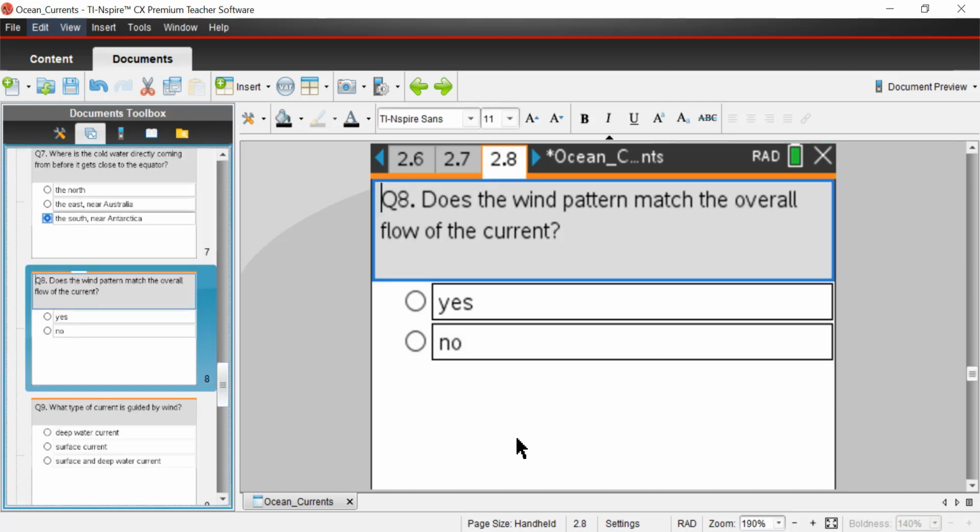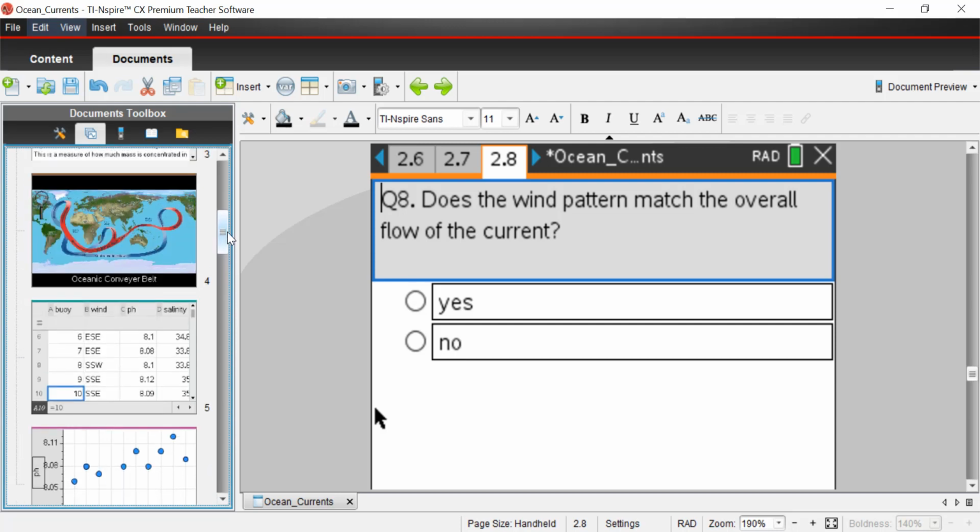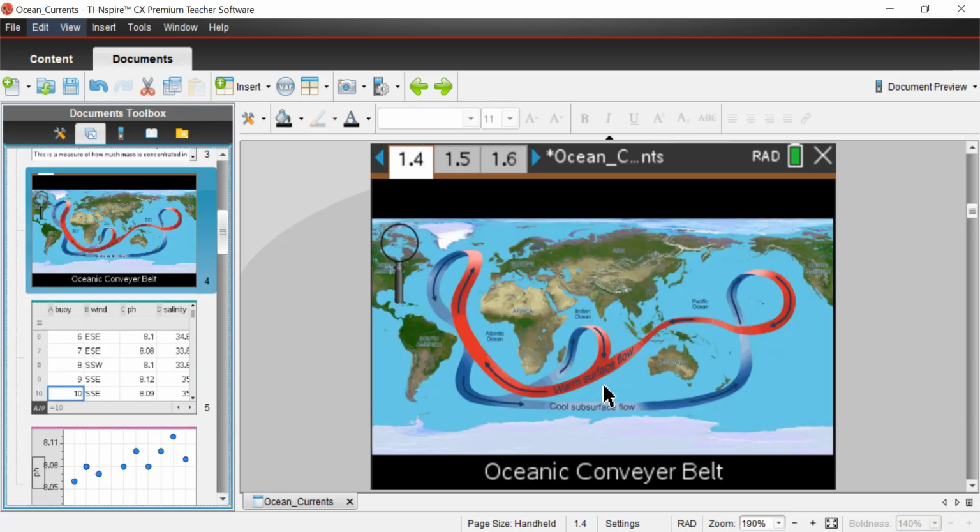Question 8, does the wind pattern match the overall flow of the current? Well, not really. We said that surface currents typically are wind driven. That's not always the case, but a lot of times it is. But in this case, it's a little different because we have this cold water current, some upwelling happening in certain parts.